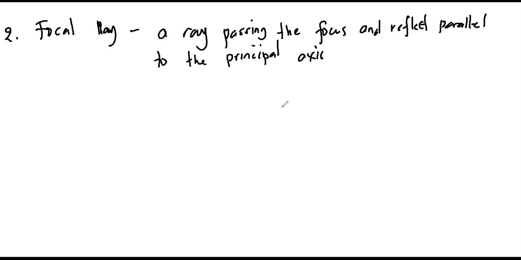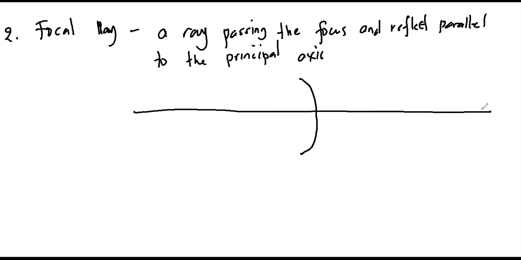Let's have the drawing again. Let's say your focus is here, your center is right over here, and they must be equal distances. Let's take, for example, your object right over here. Now, this is a ray passing the focus and reflecting back parallel to the principal axis.